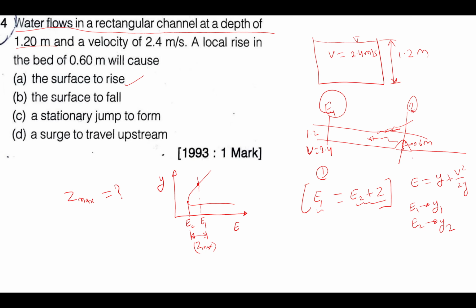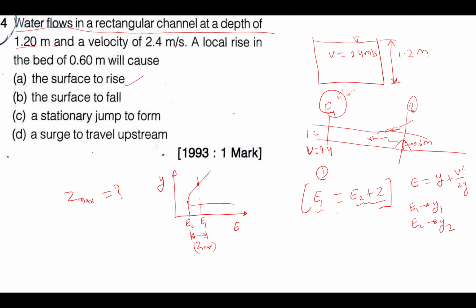Flow will be possible above this hump when your energy may be changed from E1 to E dash or E double dash. But in this question, the question is asking whether the surface will fall or rise with this E1 energy.